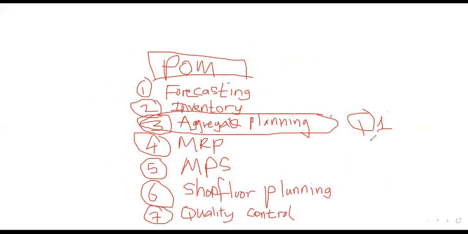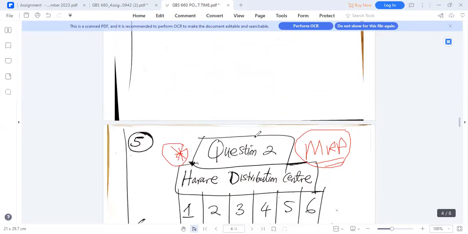Then question 2 of the assignment was on MRP. During the other class, we'll do MRP, so that I give the theories of material requirement planning, the components found. From there, we'll do the review of question 2.